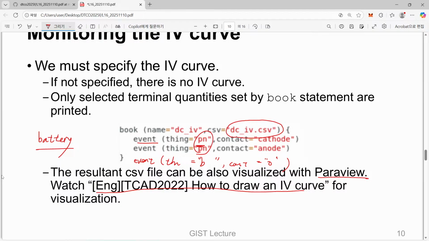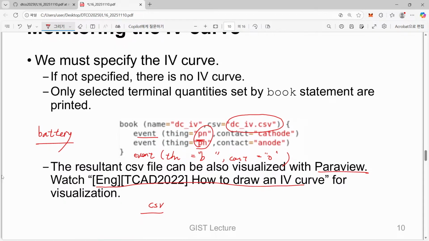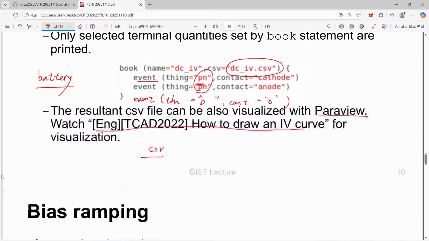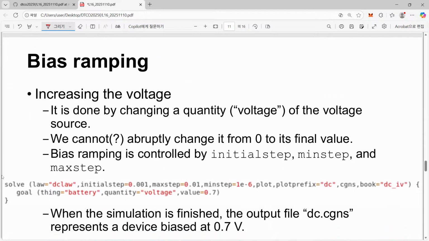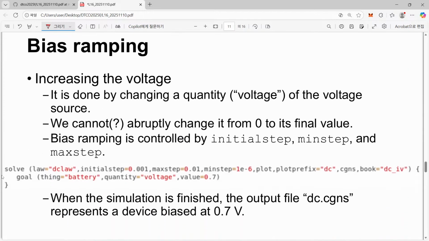This is related to the CSV file, and we need different tricks to draw it. But anyway, you can visualize these two different quantities using the same Paraview program. Okay, now this is the final stage of our input file.